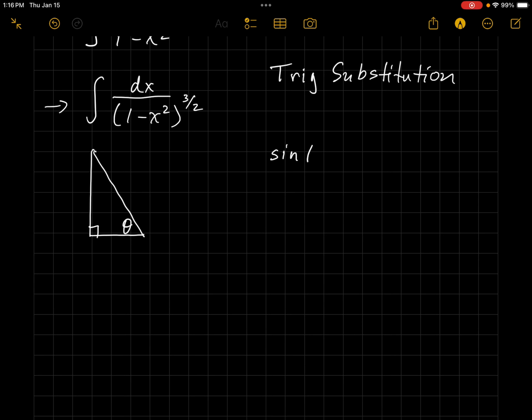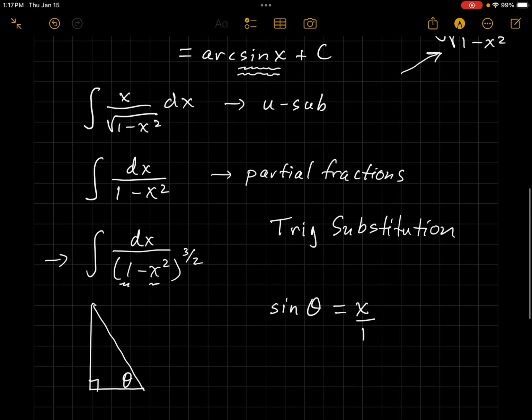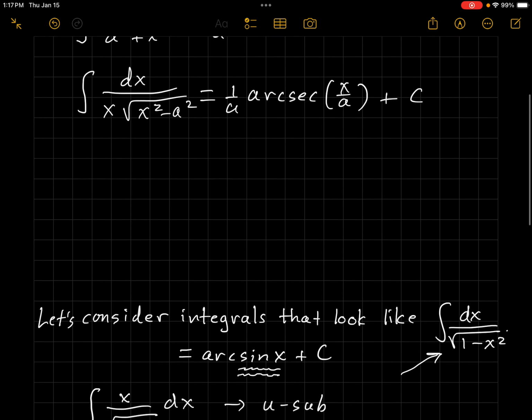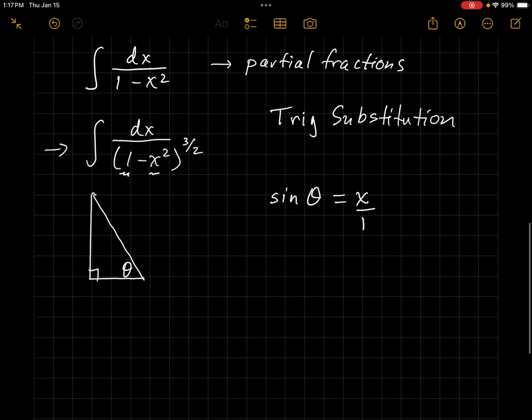I'm going to let sine of theta equal x, or more specifically, x over 1. Now, why did I choose to do this? Well, first of all, it looks like an arcsine. I have an x over a if you're used to the notation that we have up top. That's where I get the x over 1.